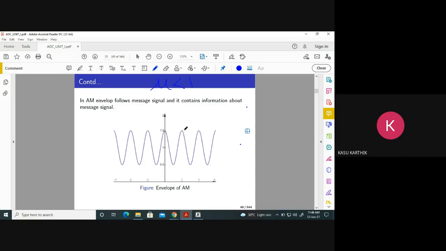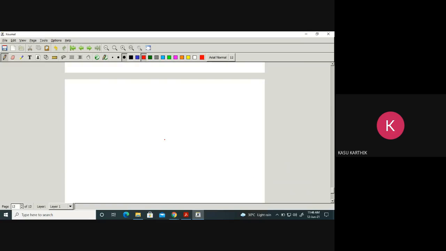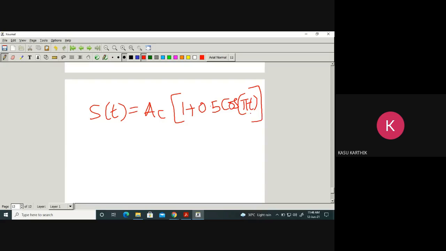So what is the envelope of your signal now? In this example, S of t was AC into 1 plus 0.5 cos pi t into cos 20 pi t.